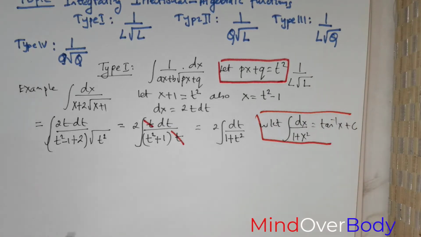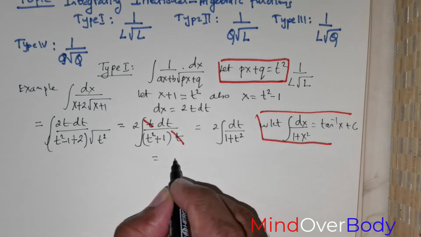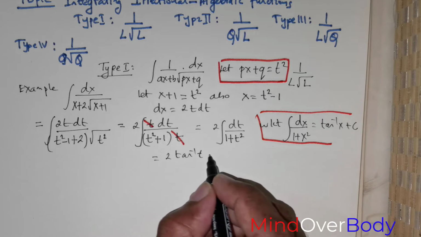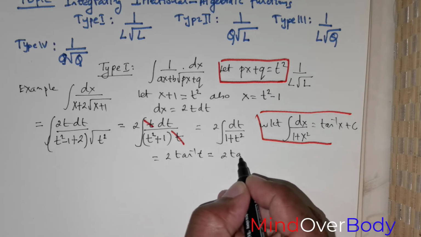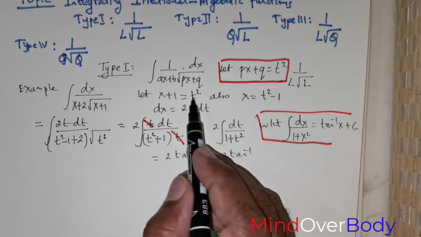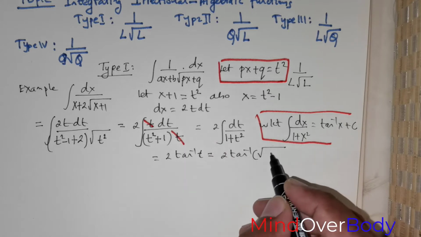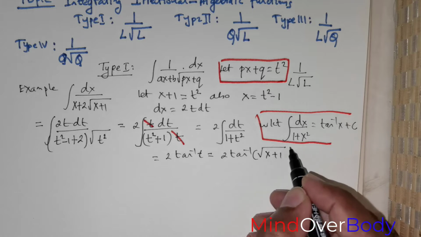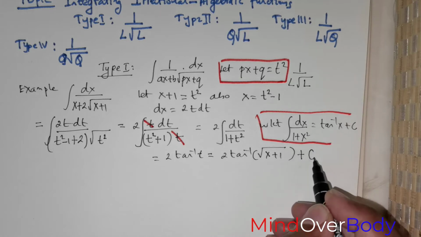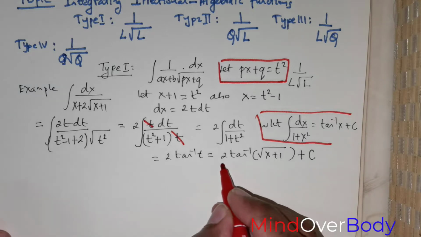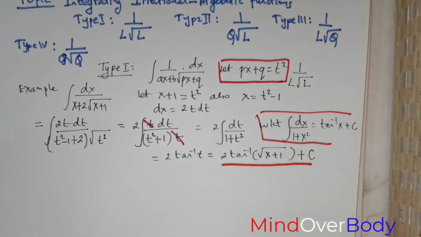So by this formula, this is going to be equal to 2 times tan inverse of t. What is my t? My t squared is x plus 1, so my t is going to be root of x plus 1. Of course we have to place the arbitrary constant c, and this is a good place for us to draw the red line. So this is the solution for this question.